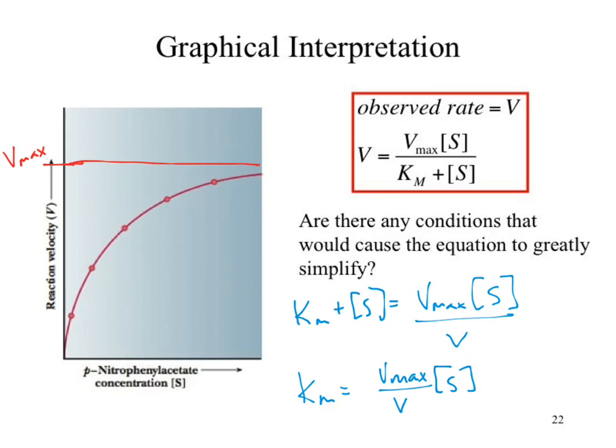Oops, minus. I think I did that right. When would I be able to predict Km? And actually I'm going to have to end there because I know they've got an exam right after us.